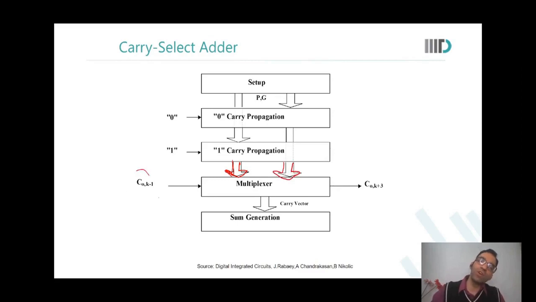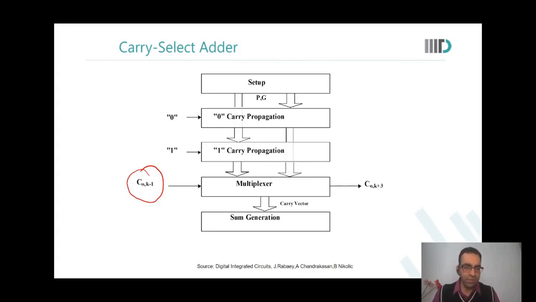Depending on the value of C out of K minus 1 stage, that is the C in of this 4-bit circuit, you can choose whether this one has to be used or this one has to be used. In this case, carry calculation is actually happening completely in parallel, and you're just having a multiplexer at the output stage.